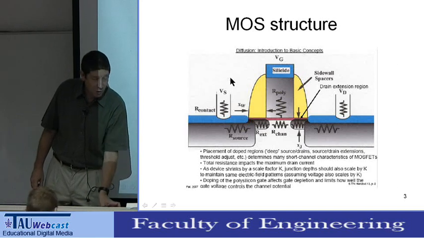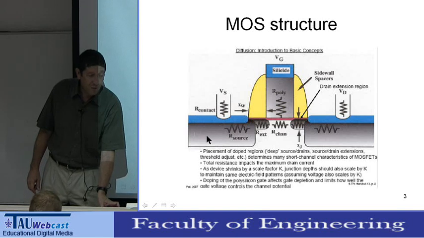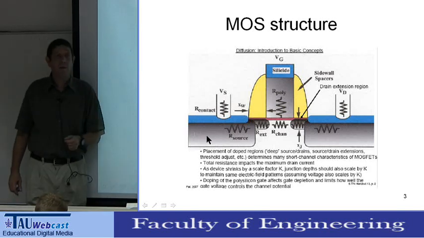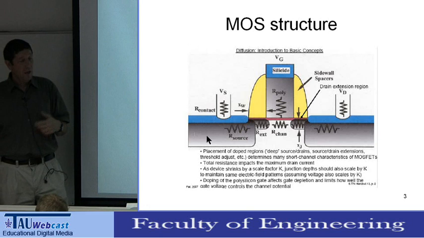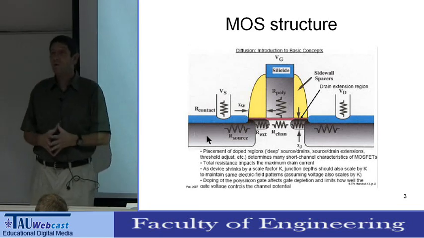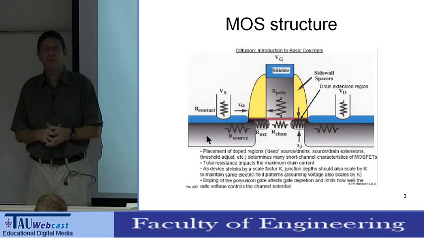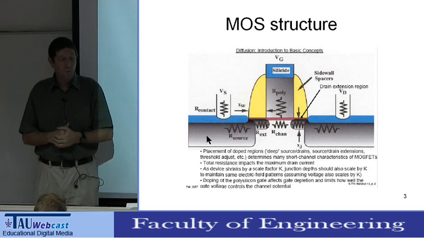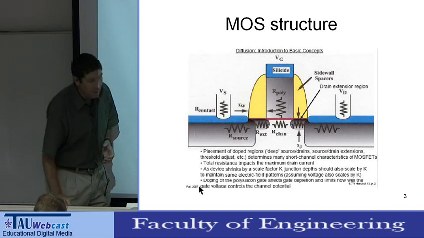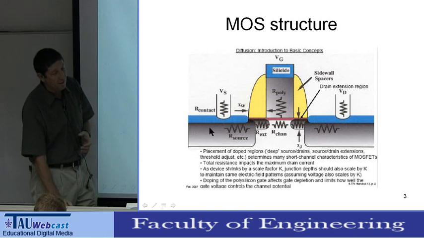And this is a structure of an advanced MOS device. I'm going to show you this device today, and later in this lecture I'm going to show some even more advanced devices, but this is a pretty advanced device.